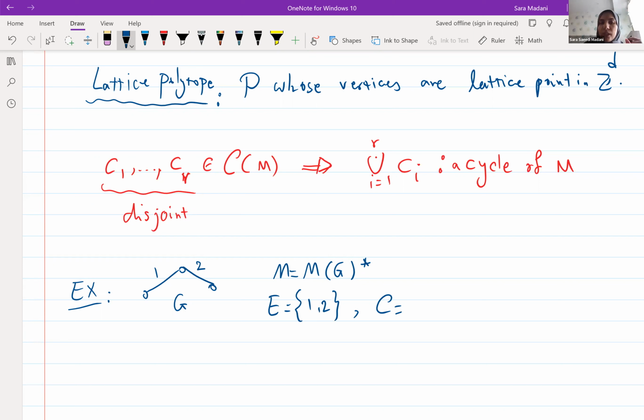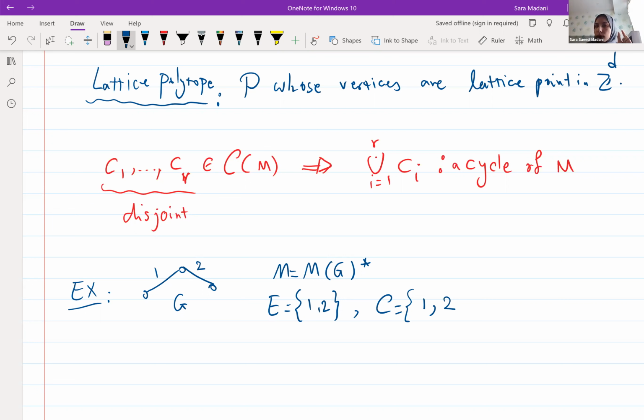It's clear that if I remove edge 1, I'm separating my graph into two connected components. So just the singleton of 1; I don't write it as a set, just for simplicity. I just write 1. And the other minimal edge cut is the only edge 2.